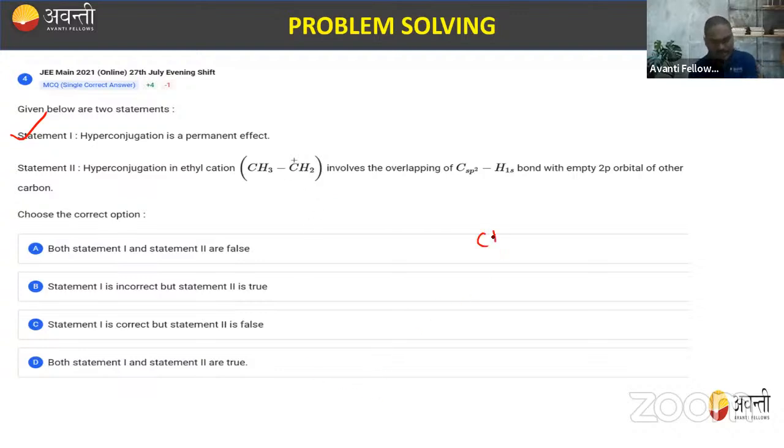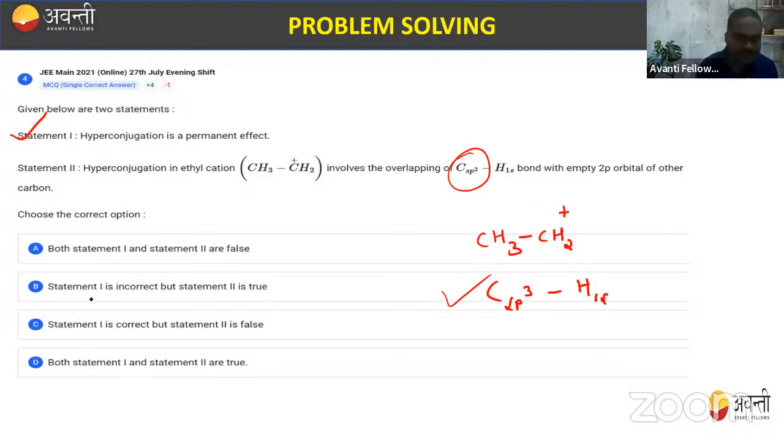So basically, they are asking about ethyl cation, that is CH3 CH2 plus. So it involves carbon sp3 hybridization with hydrogen 1s bond with the empty 2p orbital. Hence, the given statement is false, because of the empty 2p orbital of the other carbon. So this is not sp2. Instead, it is sp3. So statement 2 is incorrect. Statement 1 is correct, but statement 2 is false. So the correct option is C.